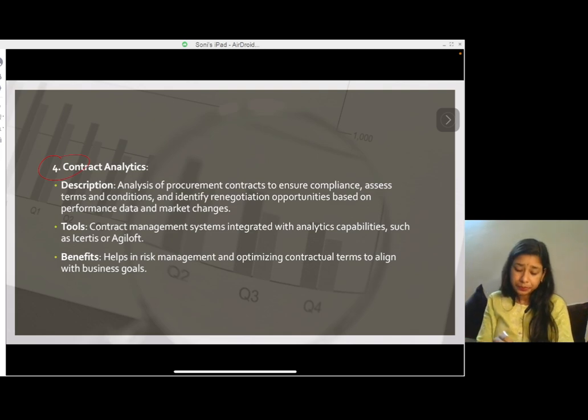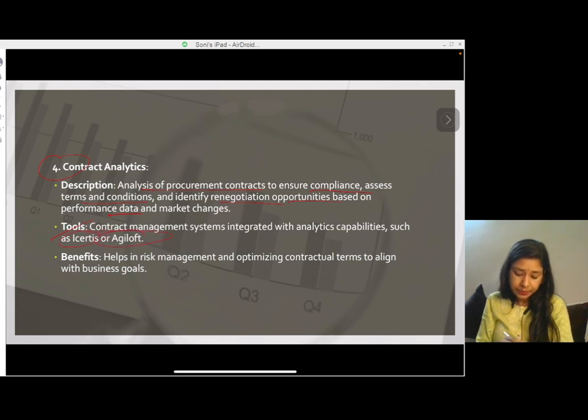So analytics of procurement contracts is used to ensure compliance, that the terms and conditions are being met, and to identify renegotiation opportunities using performance data and market changes, right? And the tools that are being used here are Icertis or Agiloft.